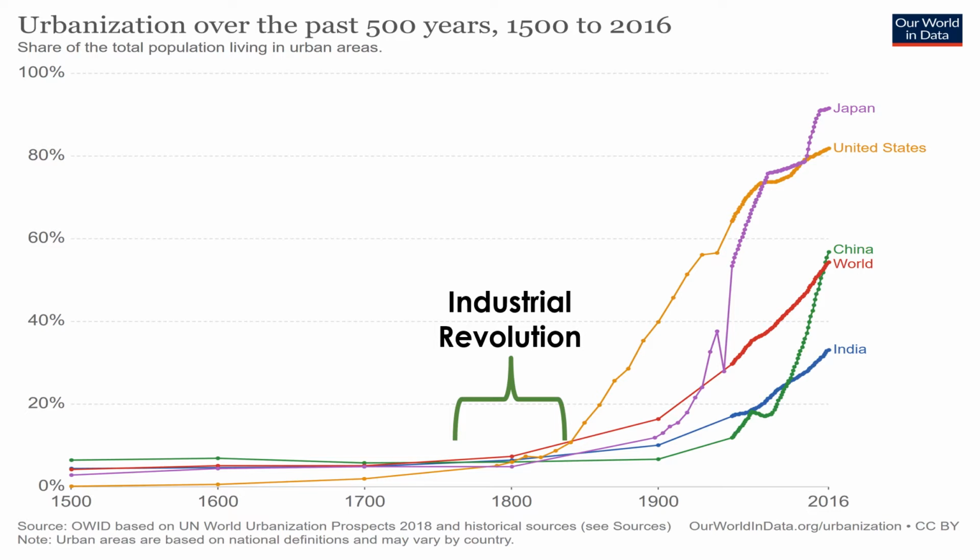Now, if you look at the global trends, this is from 2016, so it will be different today, and the numbers will be higher, the percentages will be much higher. But you can see how the urban population was extremely small until the Industrial Revolution.